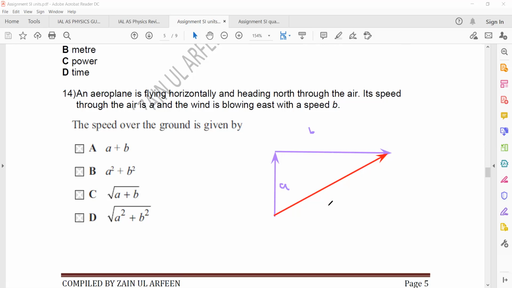So how do we get the resultant here? Because we need this part as the resultant. So what will be the answer?